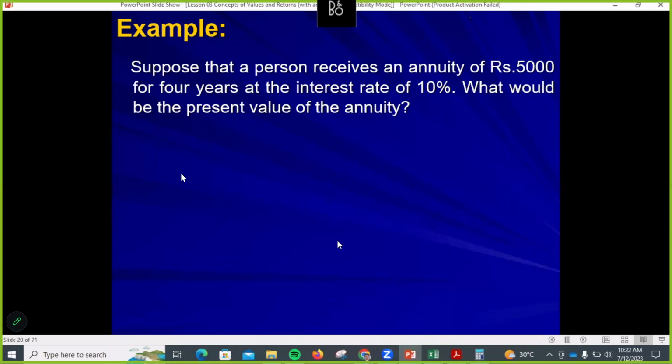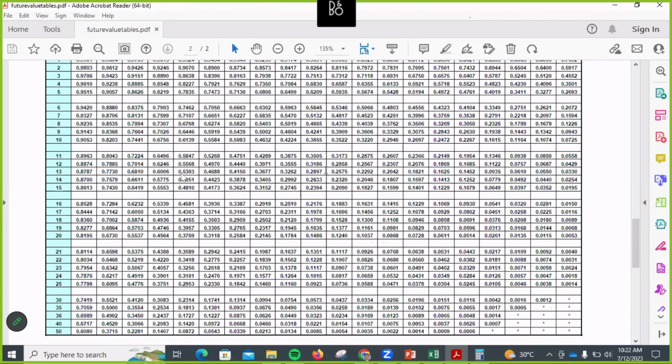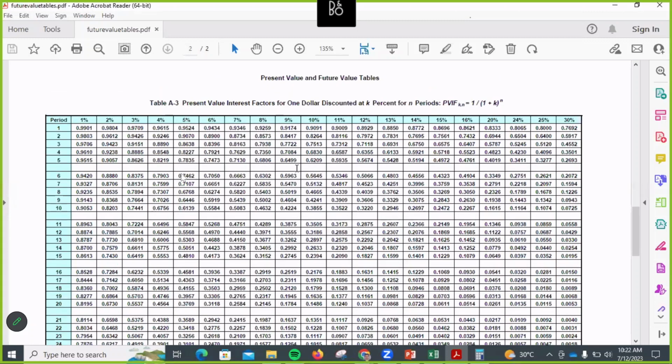So how can you get it? So you want to apply the formula. So definitely the calculation would be time consuming. You can take it from the table.